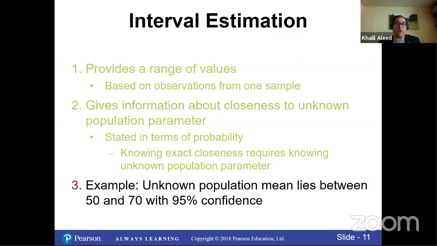Or 80% confident that the average income of the American citizen is between 45,000 and 55,000. So for interval estimation, there are three major things that you have to think about: the lower limit, the upper limit, and the confidence level.